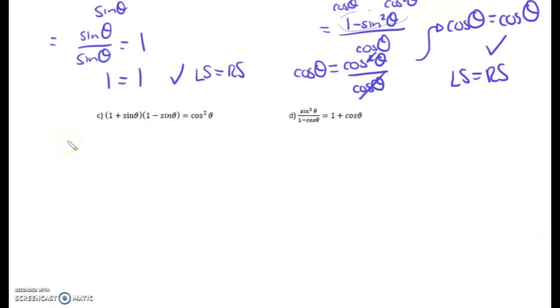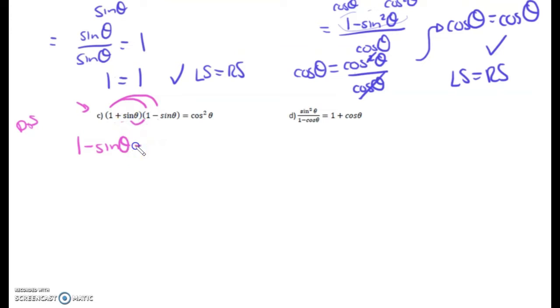Okay, C. So for a question like C, I feel like the left-hand side is a little bit more complicated. I'm just going to go ahead and distribute, like FOIL. 1 times 1 is 1. 1 times negative sine theta is negative sine theta. You see how these are a difference of squares, right? 1 plus sine theta, 1 minus sine theta.